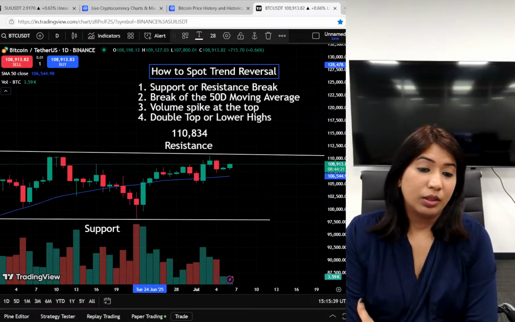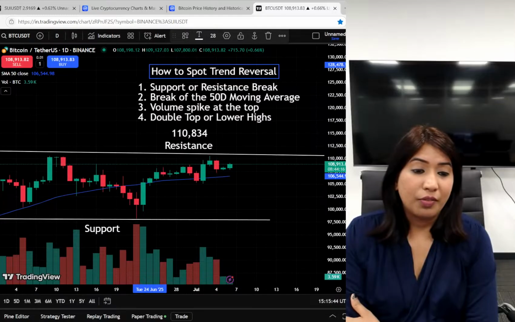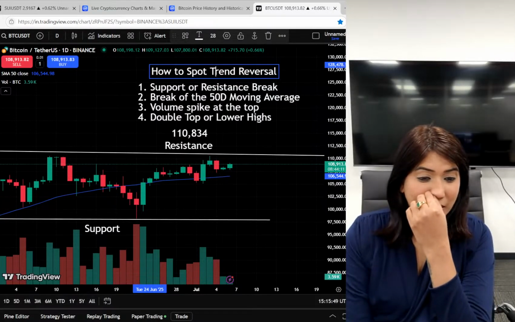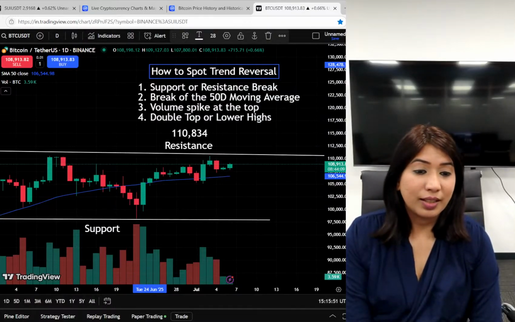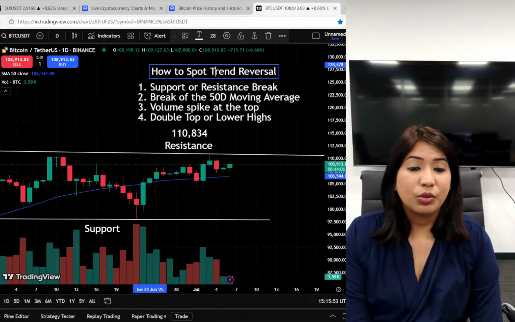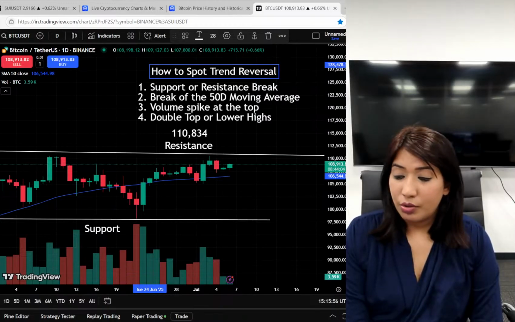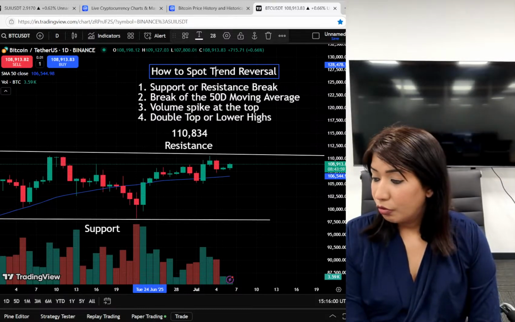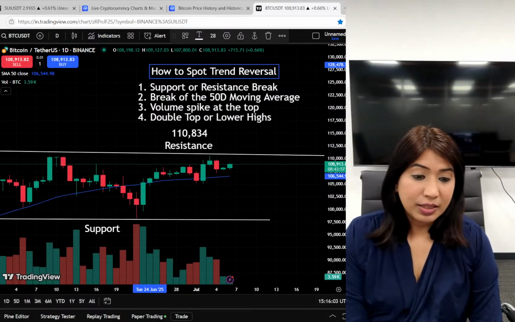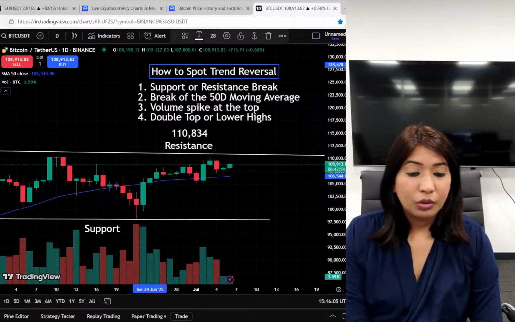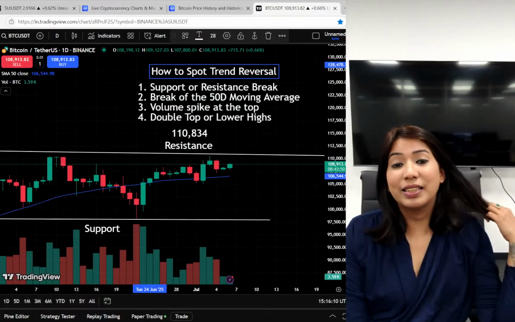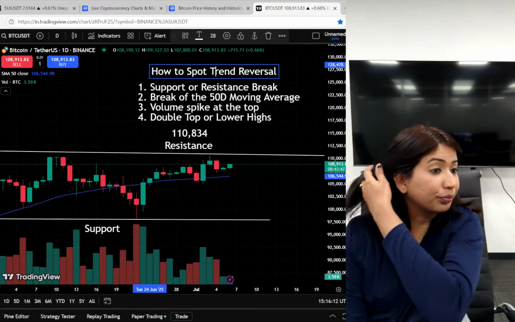So that basically becomes our 50-day moving average breakage. So if it crosses for at least 2 days, then it means that the trend reversal is likely to happen. Or if there's a volume spike at the top, followed by the price falling down, the volume is increasing but the prices are decreasing, that also indicates there's a trend reversal coming in.